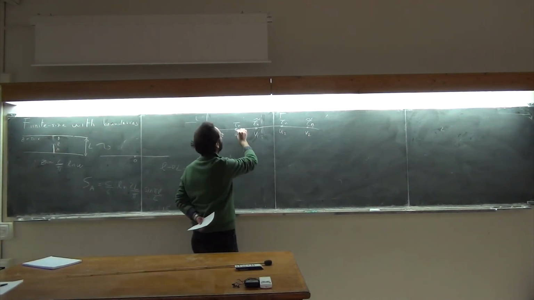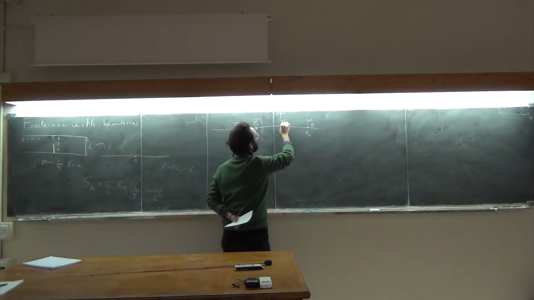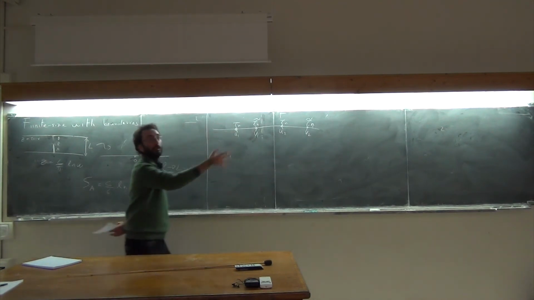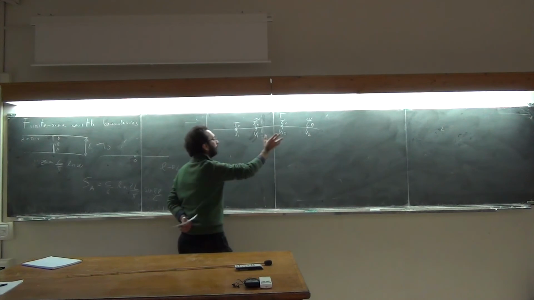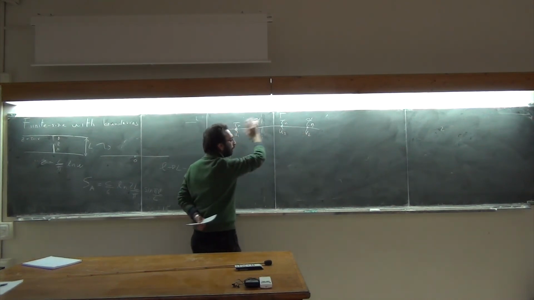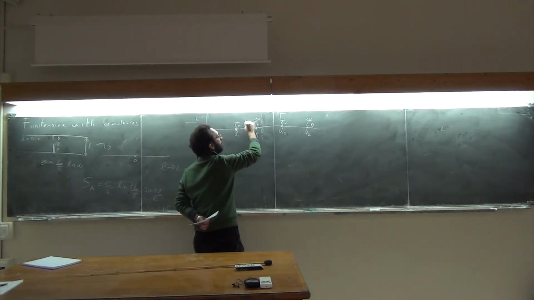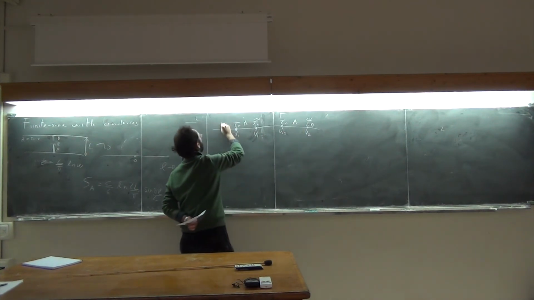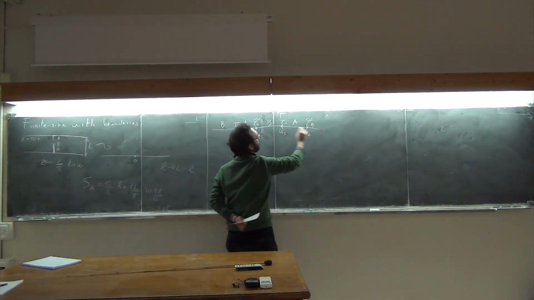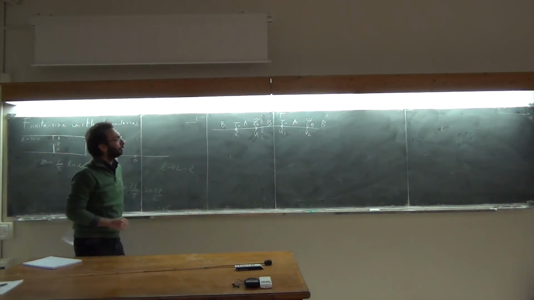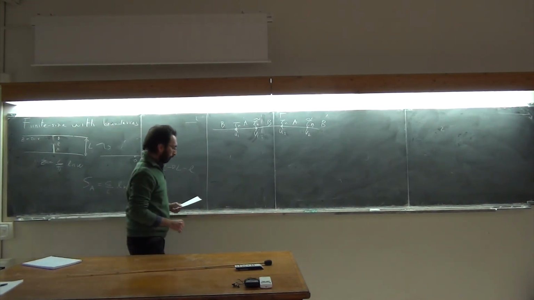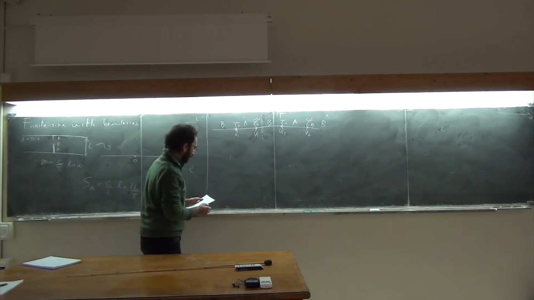These objects correspond to the entanglement entropy of this Q interval with respect to the rest of the system. It's not the entanglement of one interval with the other one, but the entanglement of the Q interval with respect to the rest. That means A is this disjoint part, and B is all the rest of the system. It's always a bipartition.